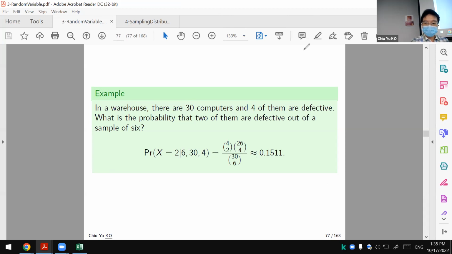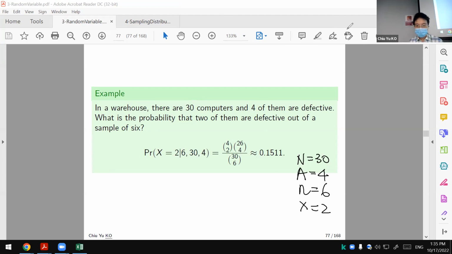So big N is 30, A, which is what we care about, is 4 defective, and small n is 6. X is 2. So this is what I want to do.